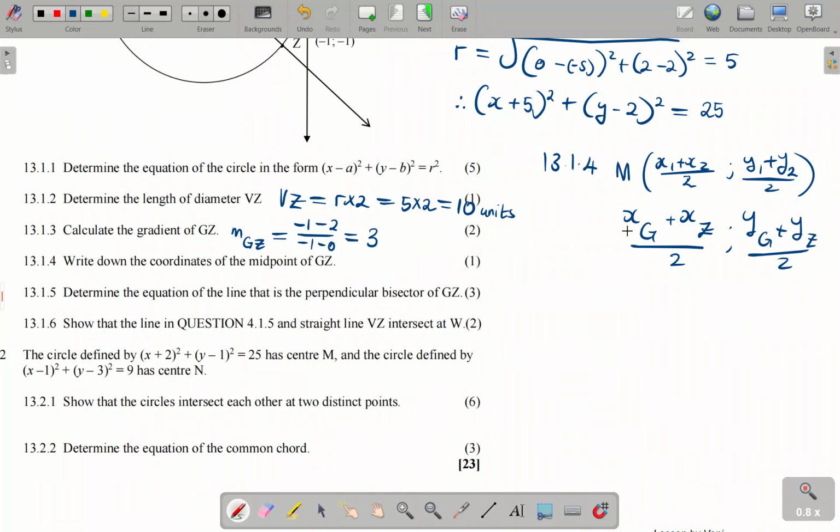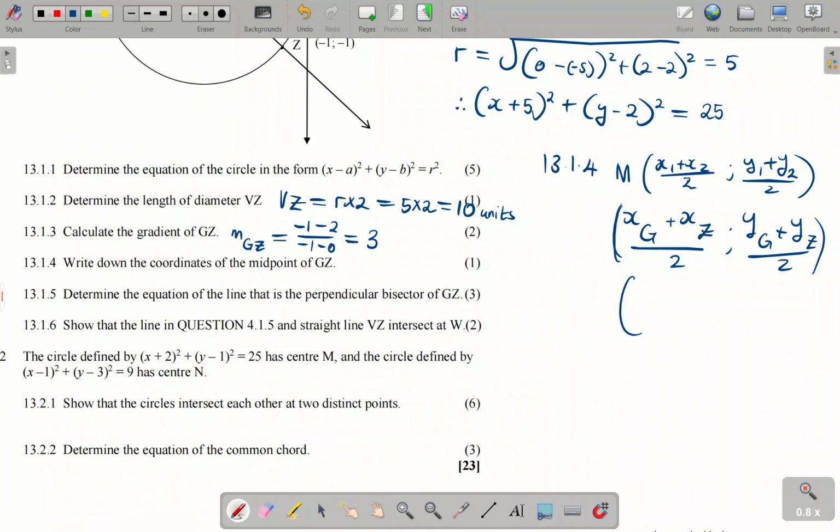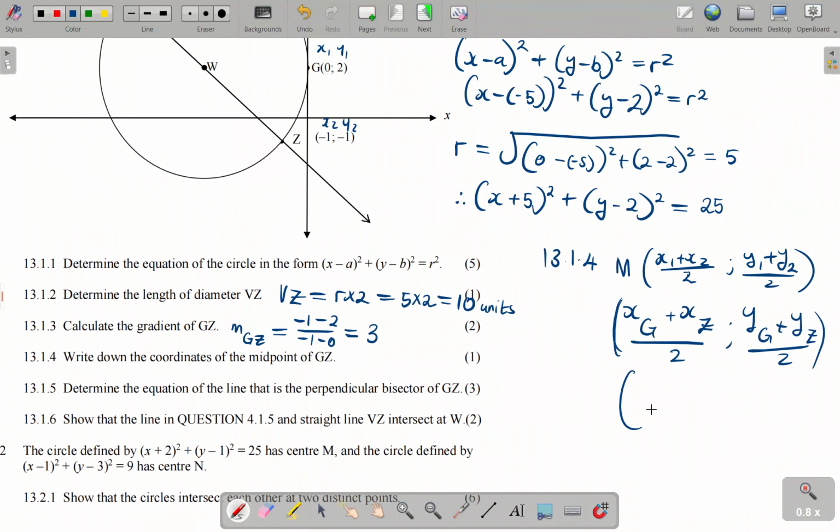So now, looking for the midpoint. What is xg? That's 0 plus the z, which is negative 1, all over 2. Yg is 2, plus yz, which is negative 1, and then all over 2.